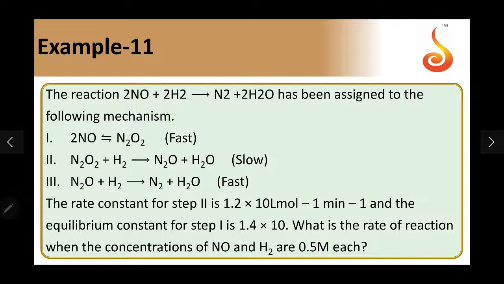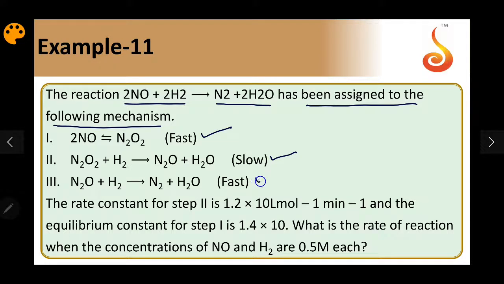The reaction 2NO plus 2H2 gives rise to N2 plus 2H2O has been assigned to follow this mechanism. So 2NO giving rise to N2O2 is a fast process. N2O2 plus H2 gives N2O plus H2O is a slow process, and N2O plus H2 gives N2 plus H2O is a fast process.